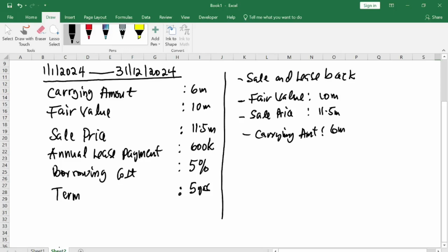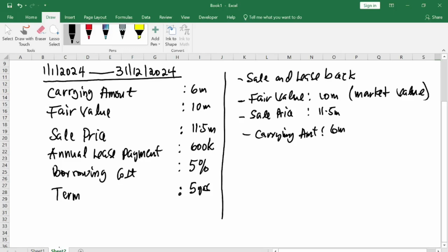They said that the fair value of the asset should be the market value. So if the carrying amount is 6 million and the market value is 10 million, it means this is how much the asset should be sold for in the market. But under this arrangement, the asset was sold for more than the market price, which is 11.5 million.